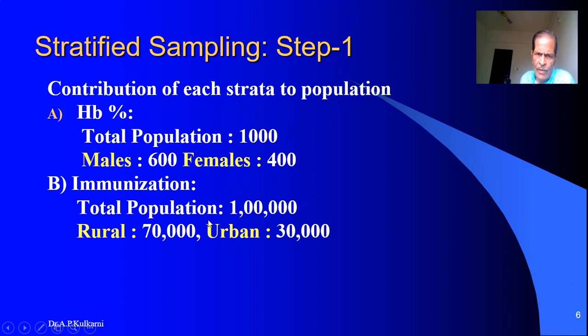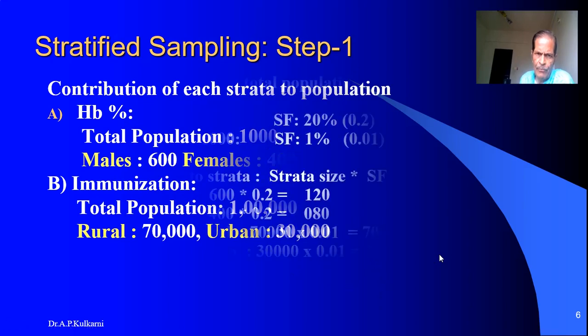Here also we know the population for which the immunization coverage is to be found out. This may be children, this may be all individuals. Let us say it is children under 2 years of age, or whatever is the age. So that is 1 lakh population, and 70,000 belong to the rural area and 30,000 belong to the urban area.